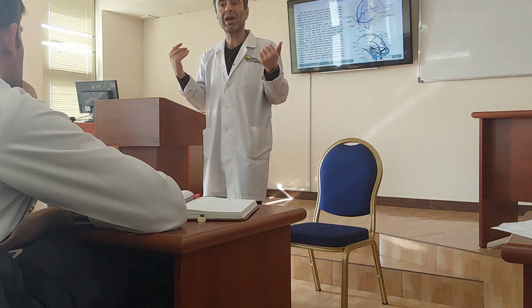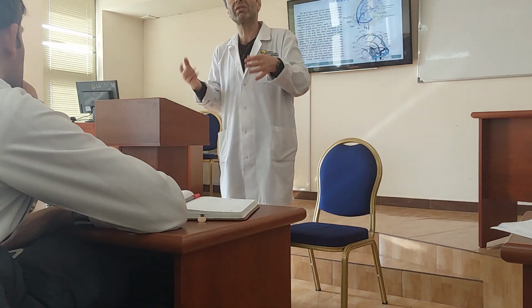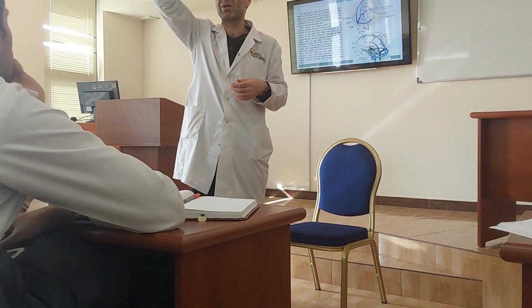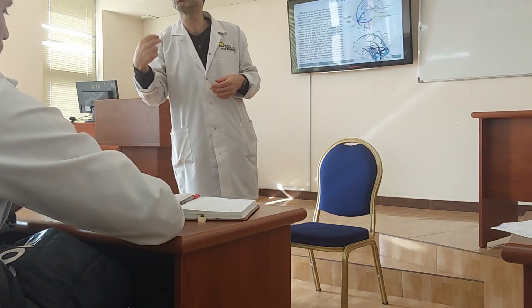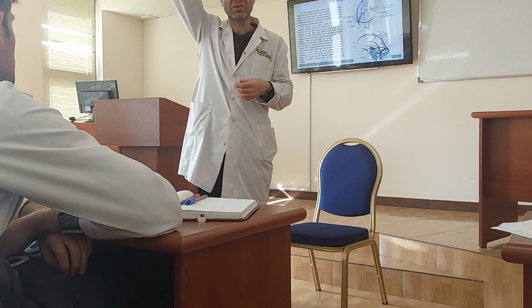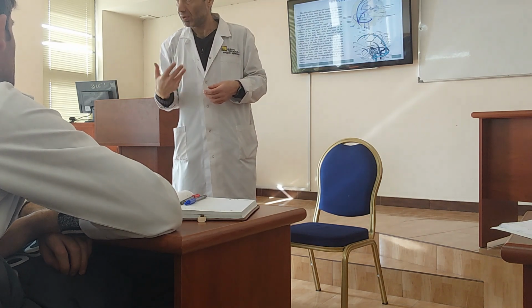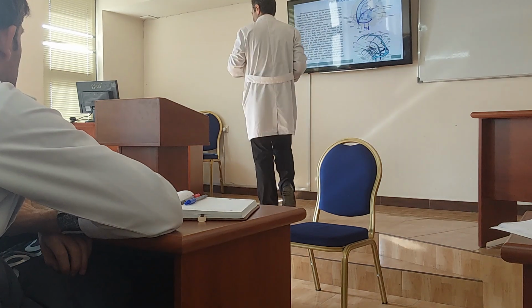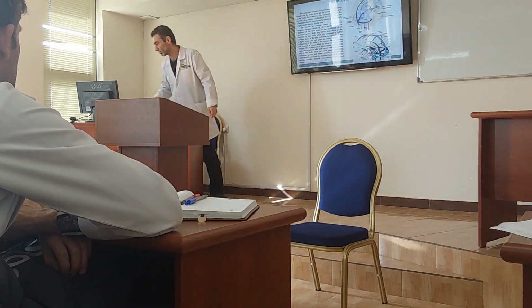But posterior hypophyse doesn't produce anything. It stores the hormones which come from hypothalamus. That's why it is called neurohypophyse, because it's connected with the central nervous system. Is it understandable for you? Very well. I finished speaking about frontoparieto-occipital region.